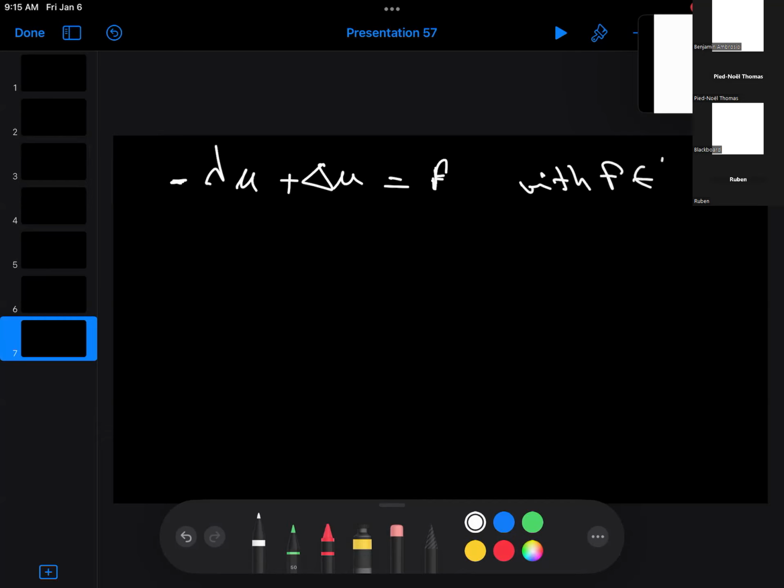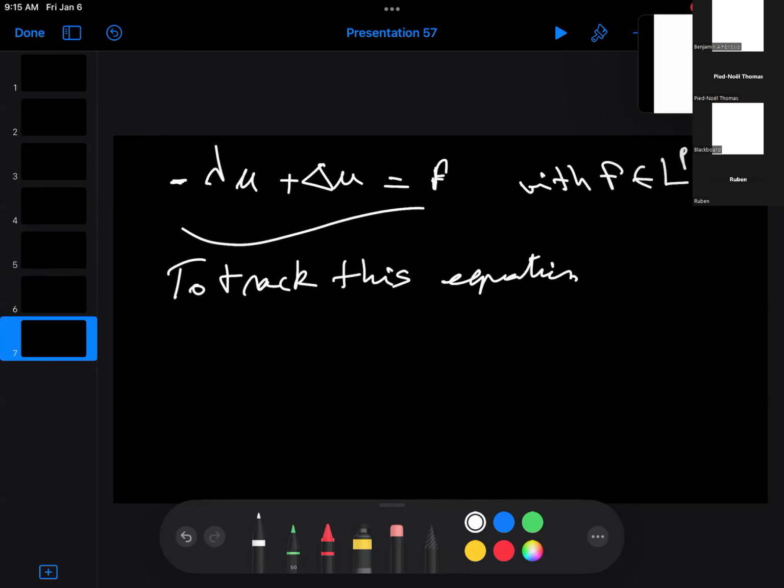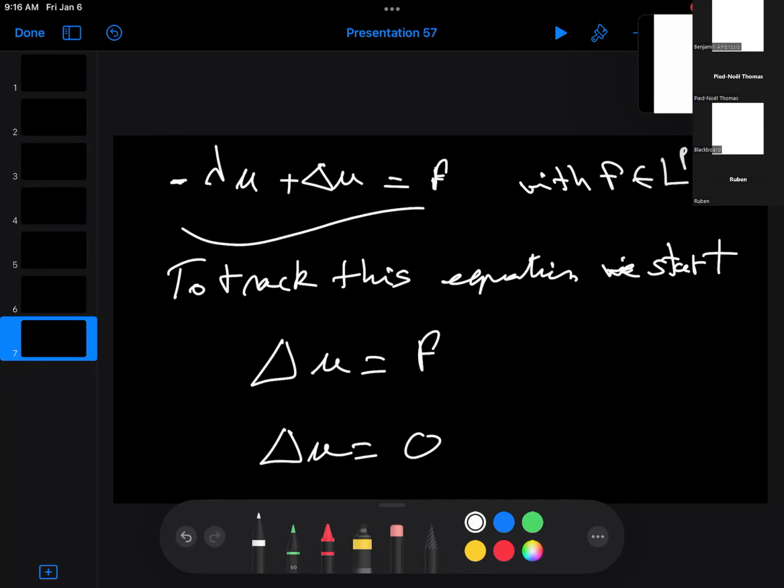One of the techniques to obtain results: we start with this equation, and even more with this equation.